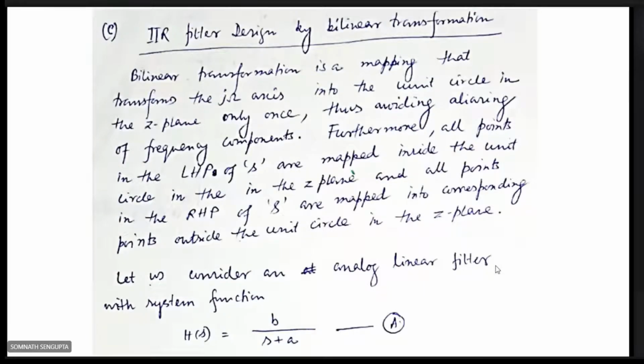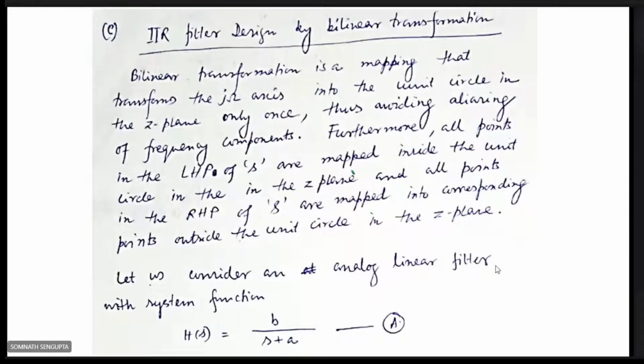Many to one means low frequency is mapped easily to low frequency or that same frequency, but high frequency or very high frequency are not mapped accordingly. They are also mapped to low frequencies. So that effect was called aliasing effect.